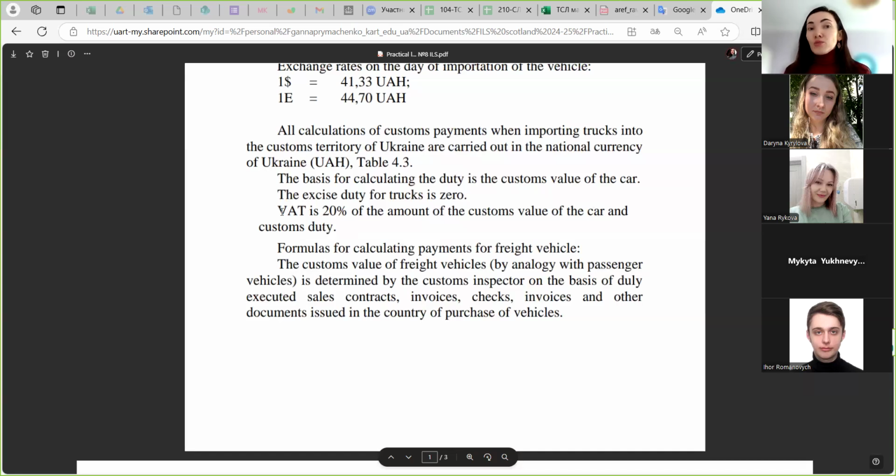And also we use parameters VAT is 20% of the amount of customs value of the car and customs duty. So we used all these parameters.